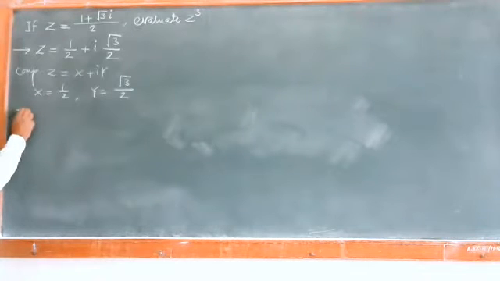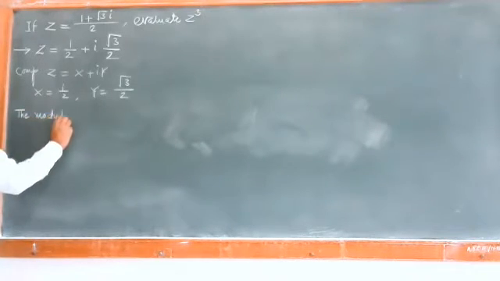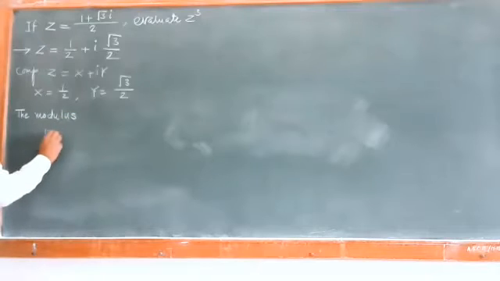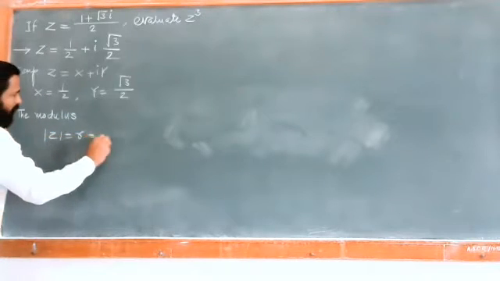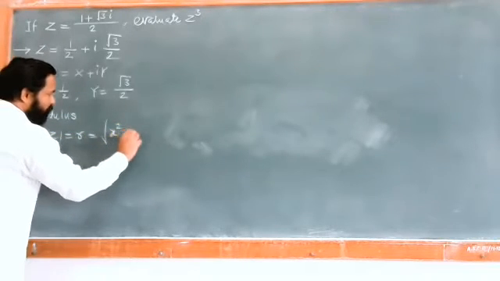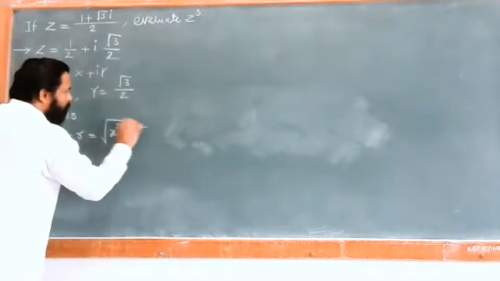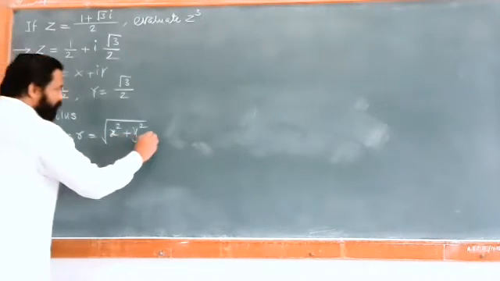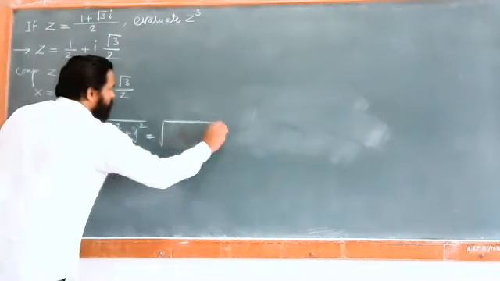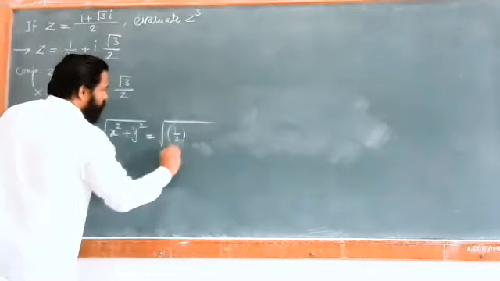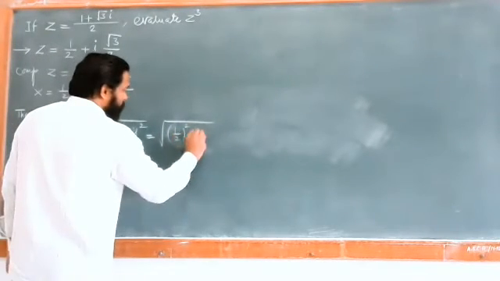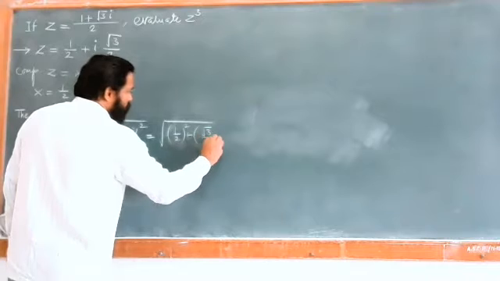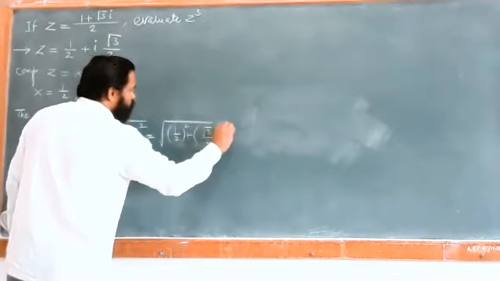What is r? That is the modulus. So the modulus, that is modulus of z, that is nothing but r is nothing but square root of x square plus y square, that is the formula. So I just put the values here and I can calculate this value, that is 1 half square plus this root 3 by 2 square.